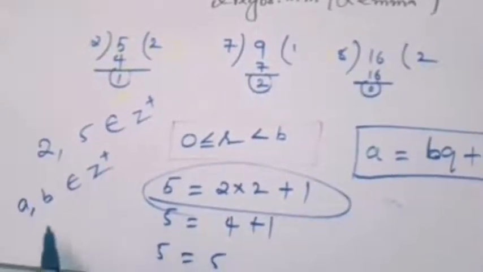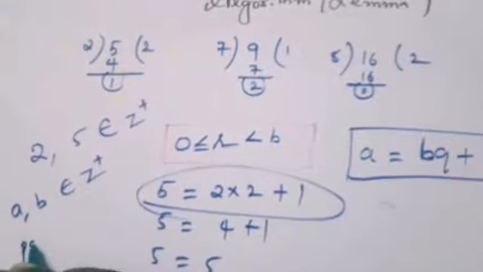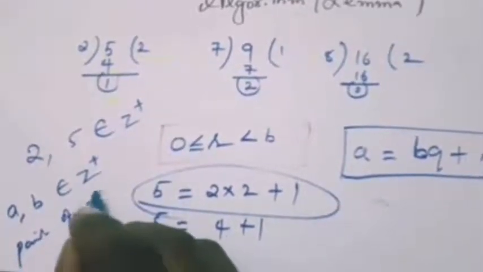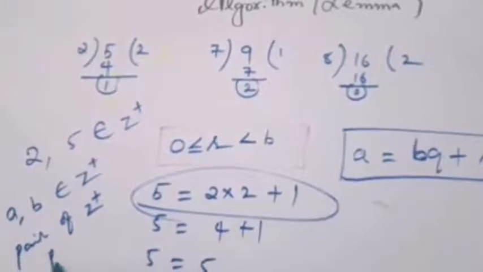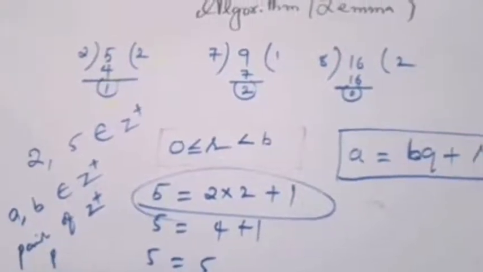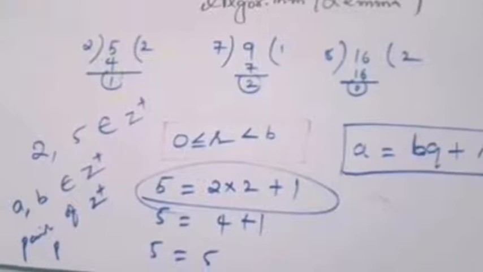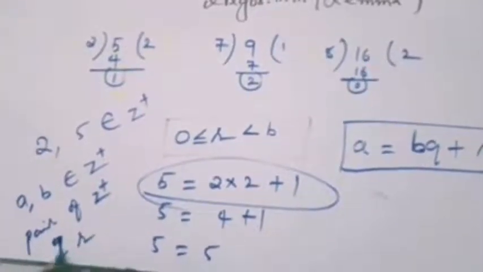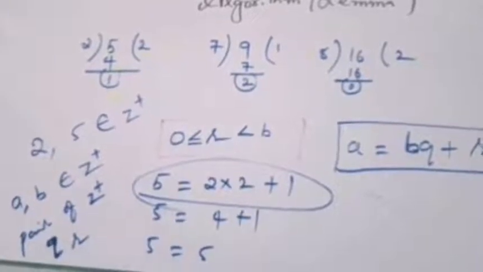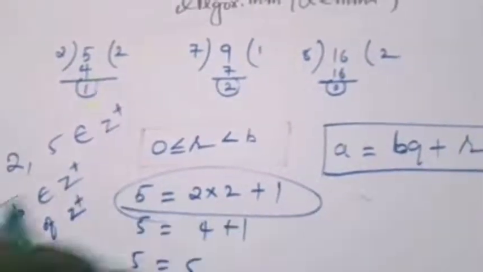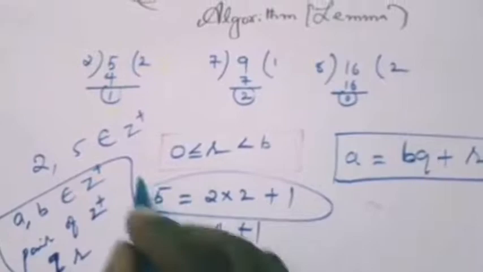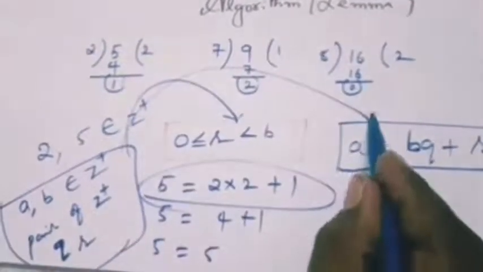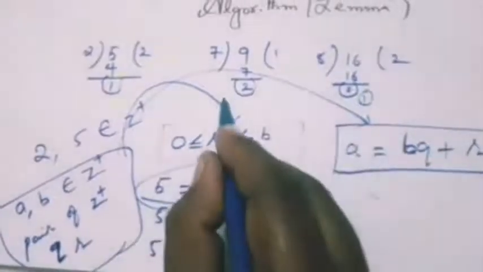Then there exists a pair of positive integers q comma r, satisfying a relation, that is, relation number 1 and relation number 2.